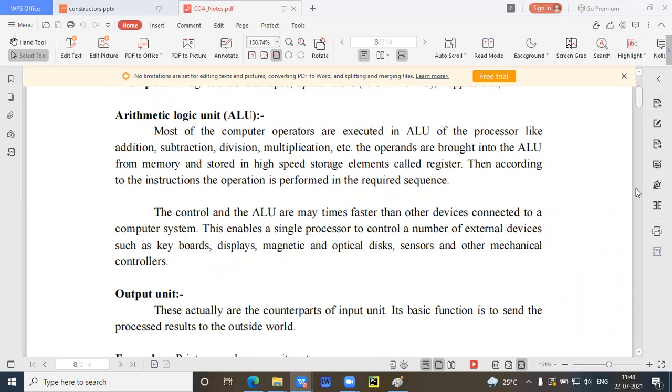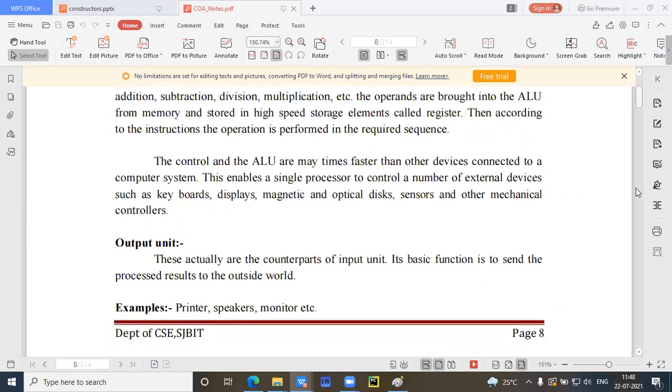Then according to the instructions, the operation is performed in the required sequence. The control unit and ALU are many times faster than other devices connected to a computer system. This enables a single processor to control a number of external devices such as keyboards, displays, magnetic and optical disks, sensors, and other mechanical controls.